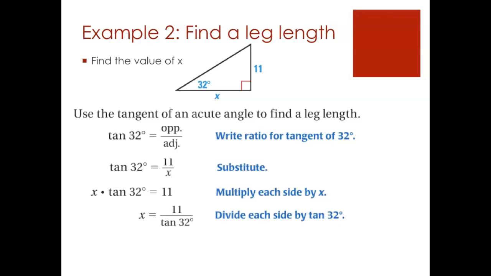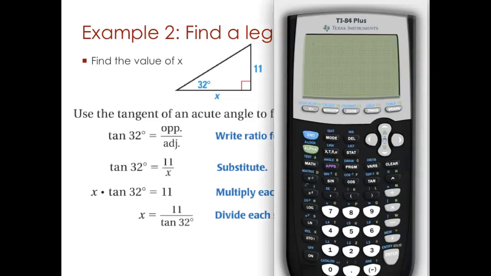Now 11 divided by tangent of 32, you're going to need to use a calculator to find this. Now in your calculator you want to make sure that you are in degree mode. By default, your calculator is in radian mode. Now to find this in your calculator, depending on your calculator brand, but in general, if you have one of these Texas Instruments calculators, this will generally be the same.